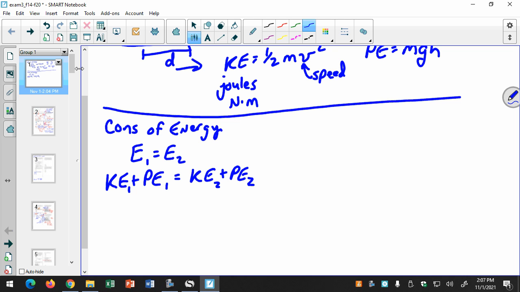And the problem that you'll have will be like one of these problems where you have some object that will probably start out with some speed. It could start out with a zero velocity, and then you have to figure out what is the speed and or position at other points in that. We'll work through a problem like that.